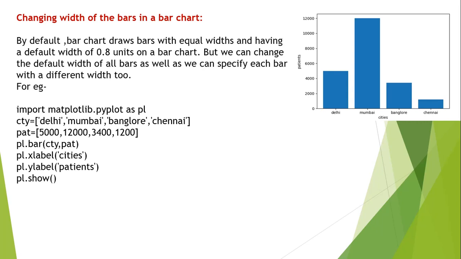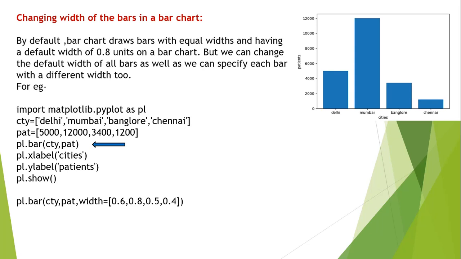Now as we have discussed that we can change the default widths, we have to replace this line, pl.bar(cty, pat), and write pl.bar(cty, pat, width=[0.6, 0.8, 0.5, 0.4]).